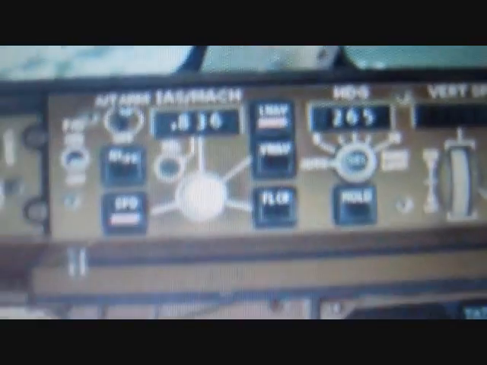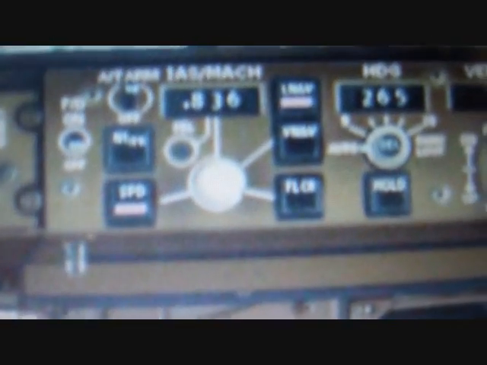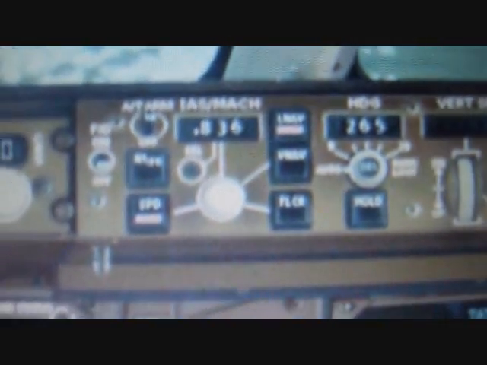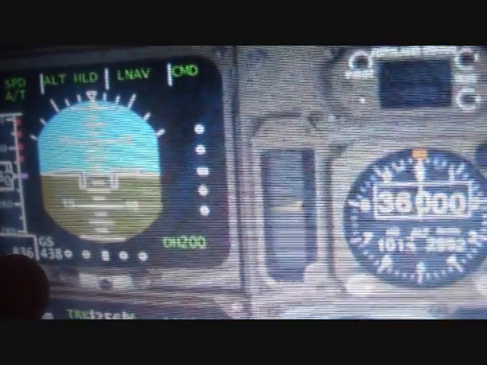Over here has the autopilot. So over here is the flight director switch. Now flight director is just a visual indication of what the autopilot is telling the aircraft to do. Auto throttles, right now it's on, speed is selected, like over here, like it says. And 0.836 is being held.